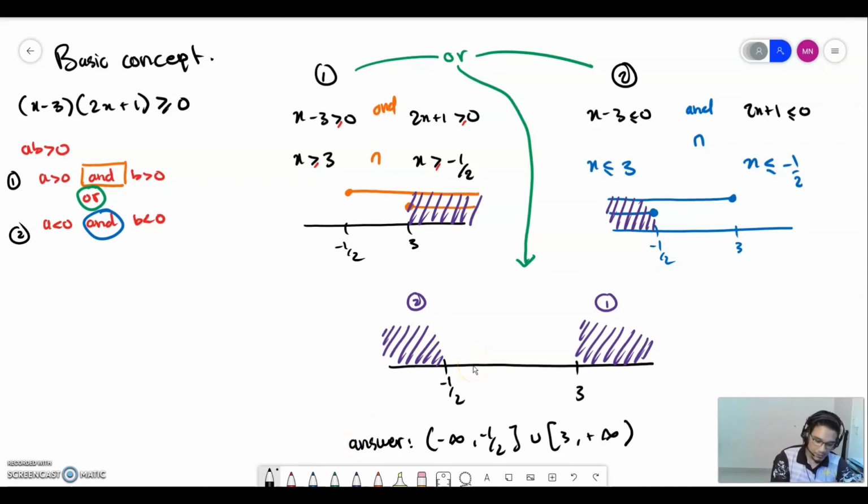Okay, so that is how you solve quadratic inequalities by the analytical method. We have 3 methods: table of sign, real number line, and finally the basic concept. Make sure you know how to differentiate each one. Don't mix one with another. Refer to the question, whether the question wants you to use the table of sign, the real number line, or the basic concept.